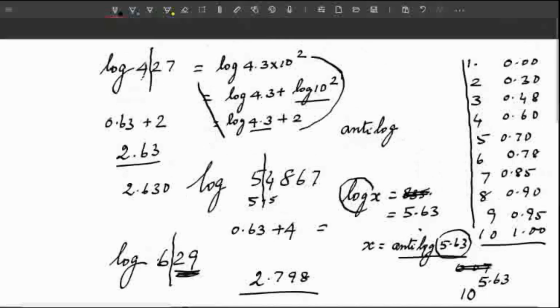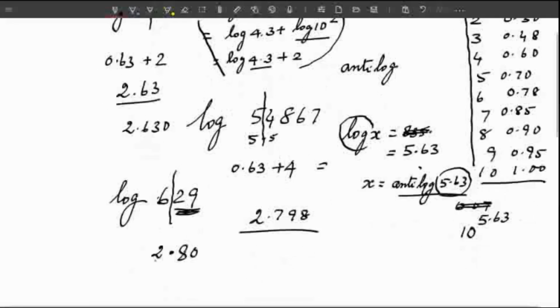10 power 5.63. Sometimes your answer option C may consist of the anti-log value like this, 10 power 5.63. If they are giving it like this, taking the anti-logarithm is very, very easy. Instead, a number may be given, say 4.3 into 10 power 5.